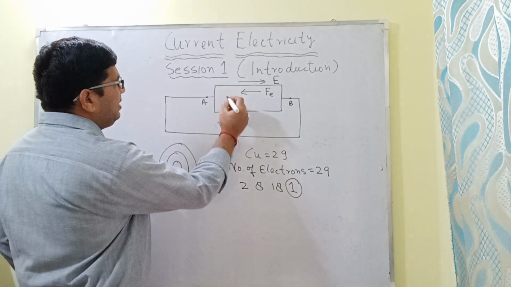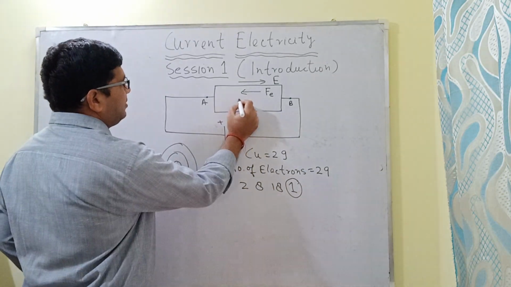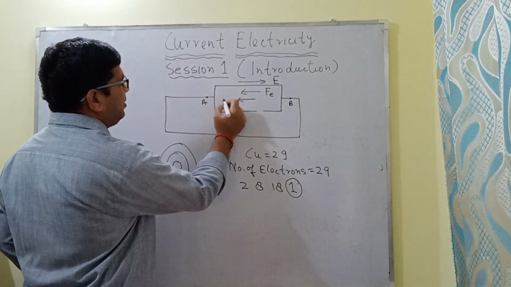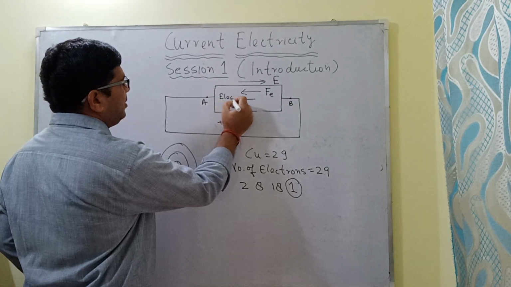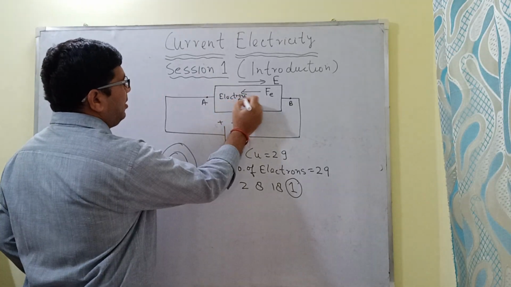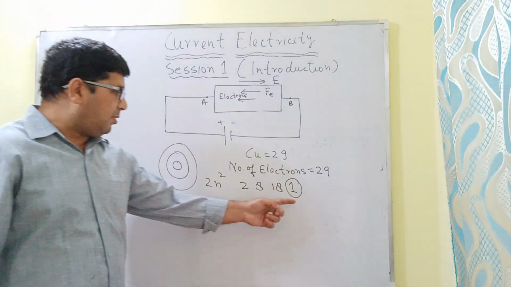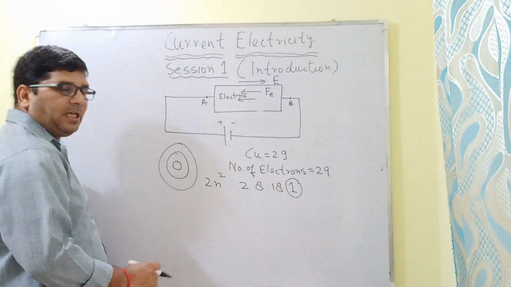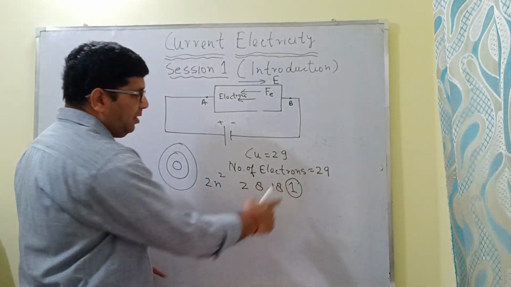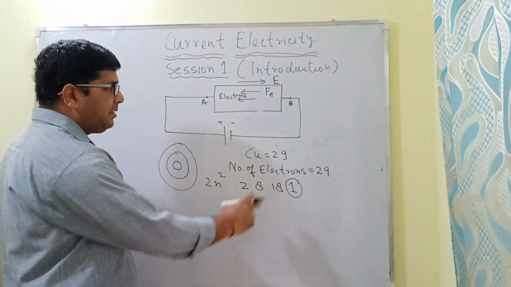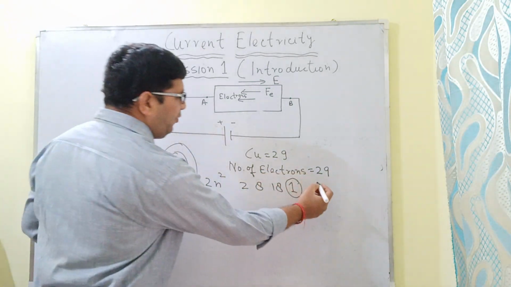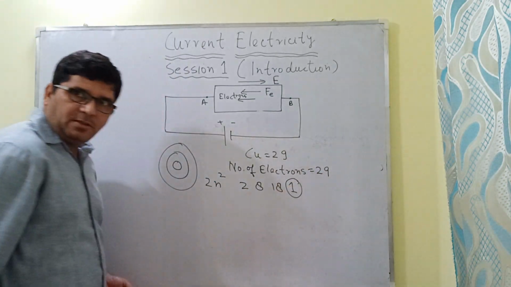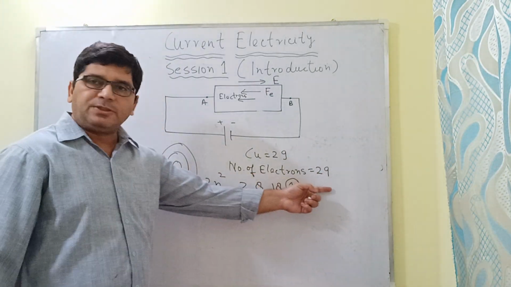So the electrons will start moving in this direction. Now, when this electron is released from the atom, the atom becomes a positively charged ion, because now it has got a deficiency: the number of electrons is now equal to 28 and the number of protons is 29.